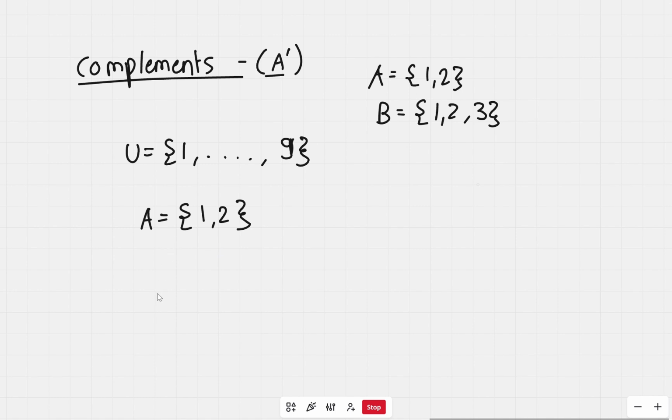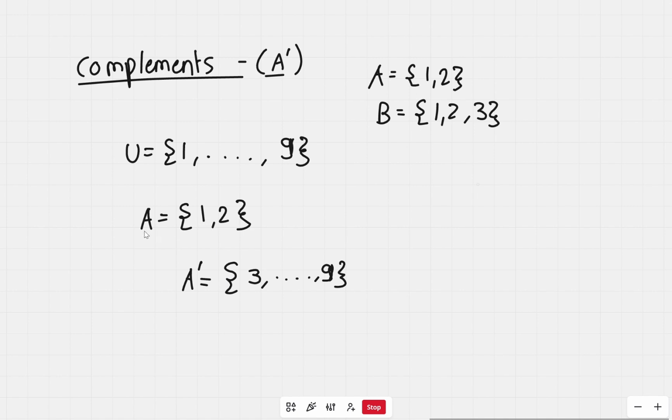Now what is A complement? Basically A complement is the universal set without the values of A. So the value of A complement would be values from 3 all the way to 9.